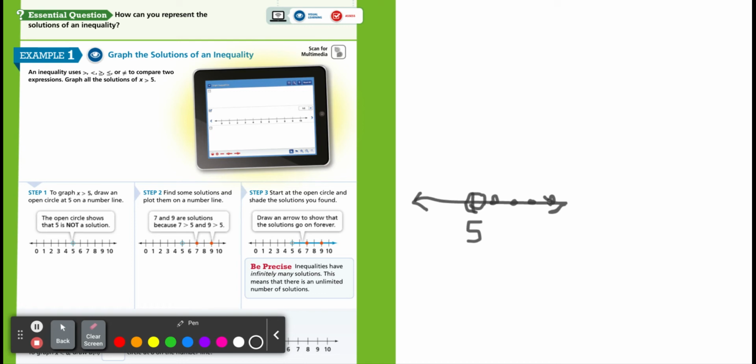No, I wouldn't, because x has to be greater than 5. So now step 3 says that I would start at the open circle and shade the solutions that I found. So that means I'd be shading in all numbers on the number line to the right of 5, because it has to be greater than 5.